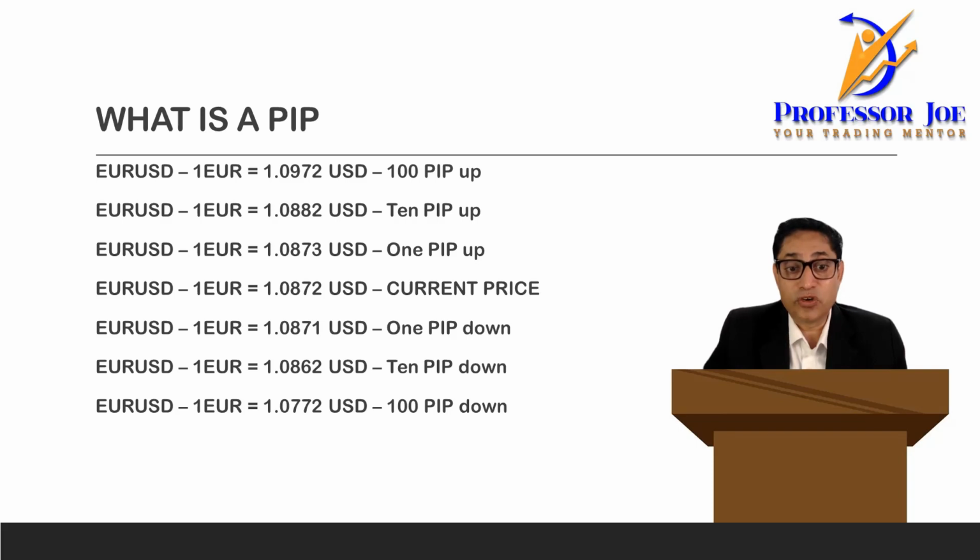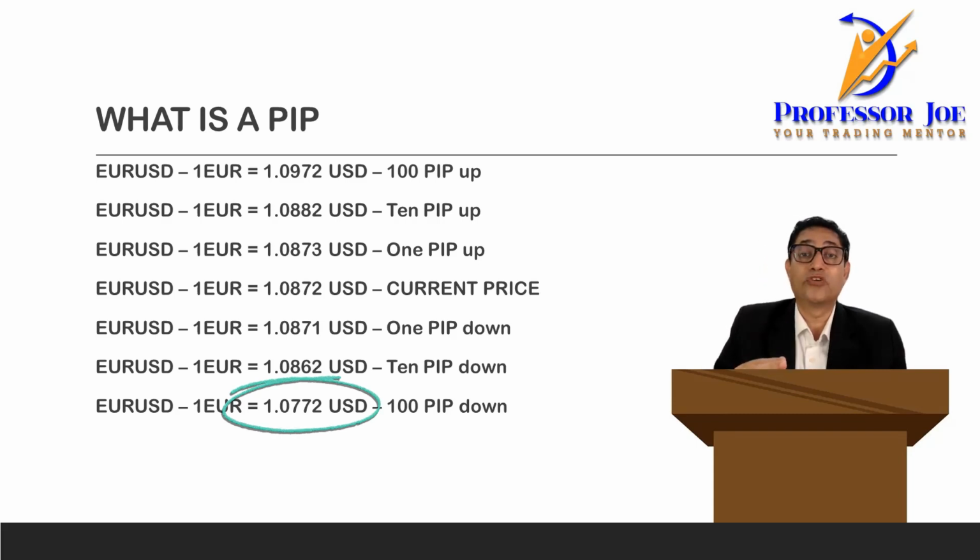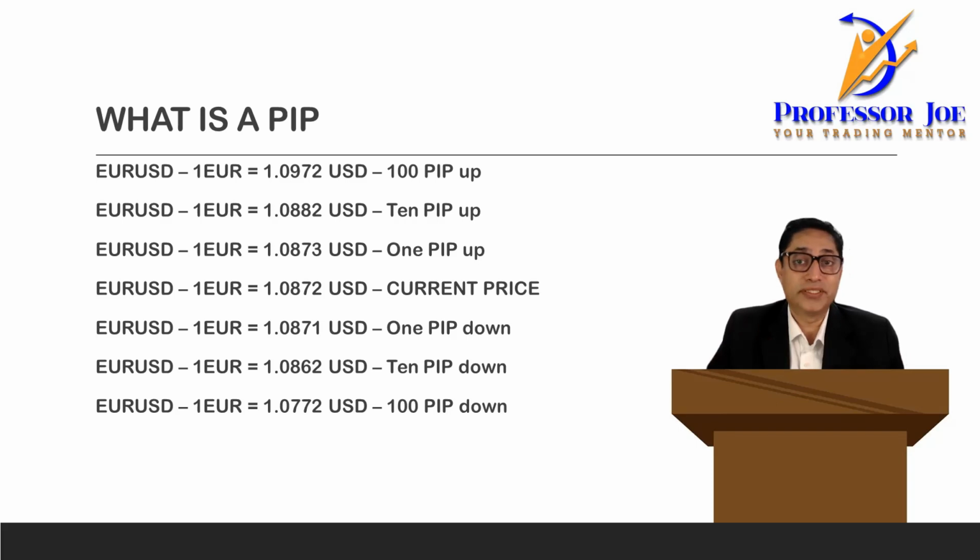And if the price has gone down from 1.0872 to 1.0772, we say that the price has gone down by 100 pips. So this is how you understand the price movement in pips.